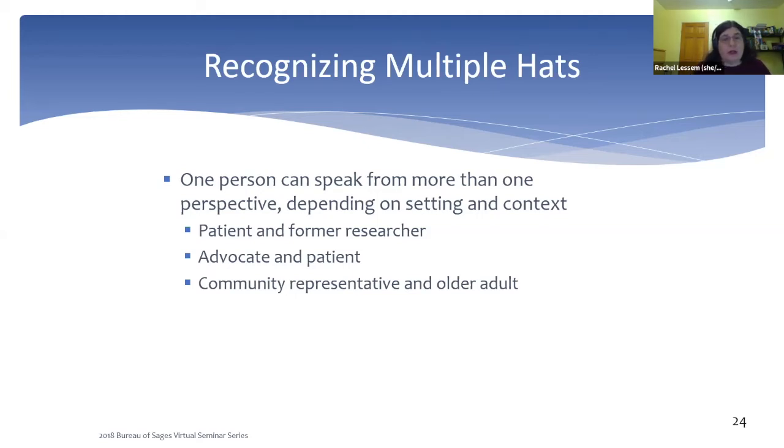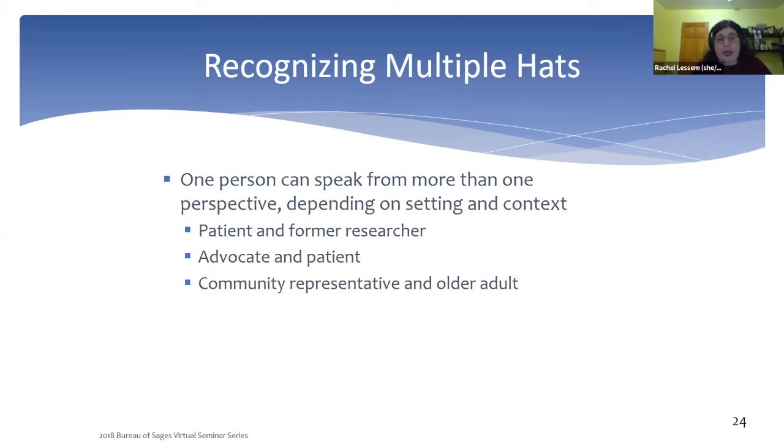So someone who is a resident of a nursing home right now may have formerly been a researcher or an advocate or a caregiver, or someone who is active in the community as a community representative. What hats are they wearing now? And what does this mean for the information that I'm receiving in getting feedback from the group?